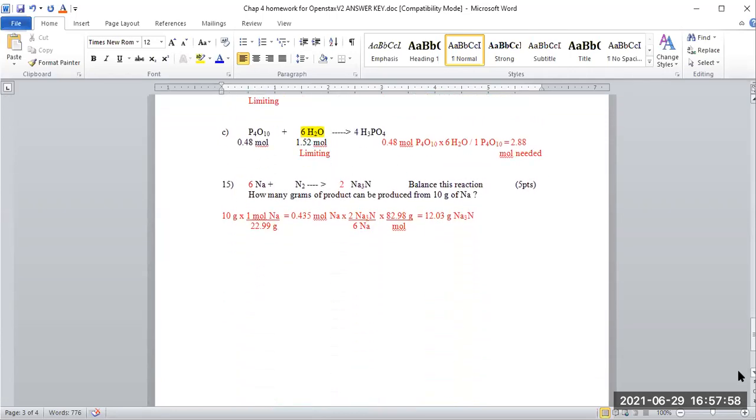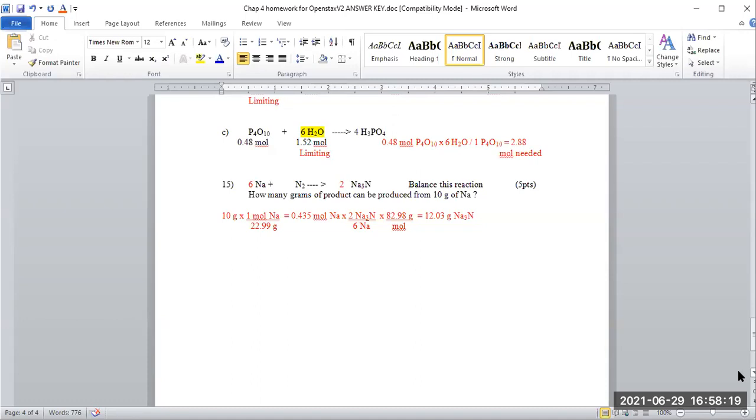And then the last one is just kind of a straight-through 3 steps. The key to this one is I did not give you a balanced reaction. So you must balance your reaction, otherwise the middle step of the problem won't work.